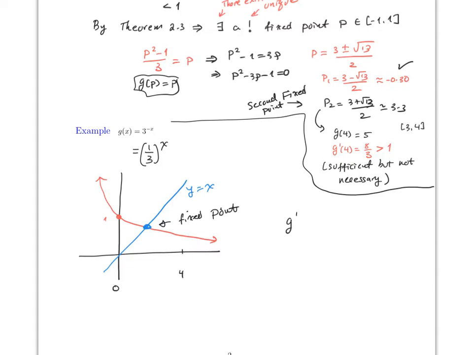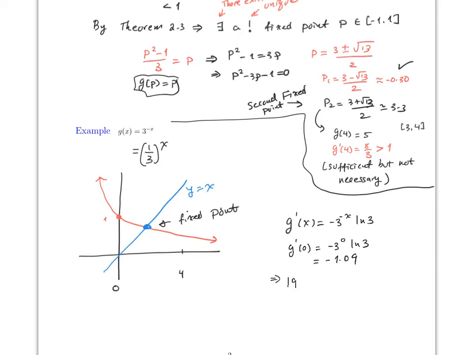But notice that g prime of x is equal to -3 to the minus x times ln 3. And then g prime of 0 will be -3 to the 0 power times ln 3, which is equal to -1.09.